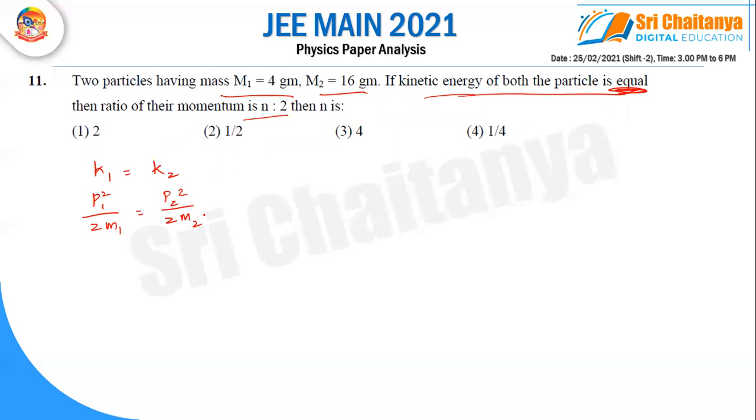He's asking the ratio of the momentum, so p1 square by p2 square is equal to m1 by m2.